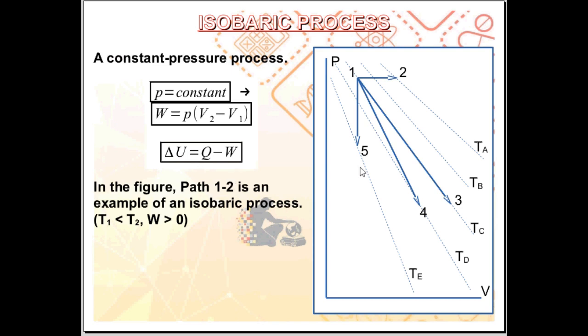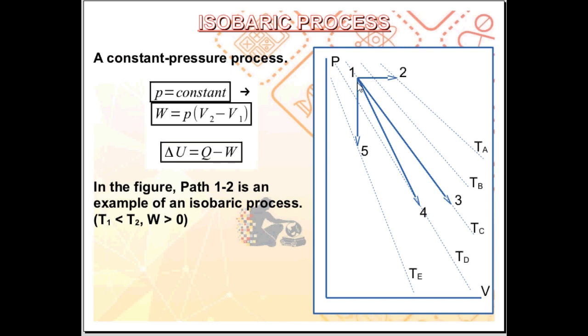In the figure to the right, path 1,2 is an example of an isobaric process. Initial state 1 to final state 2, the pressure is constant.